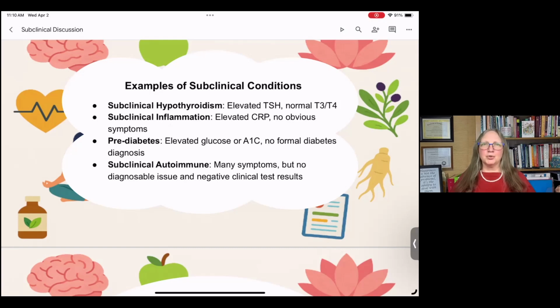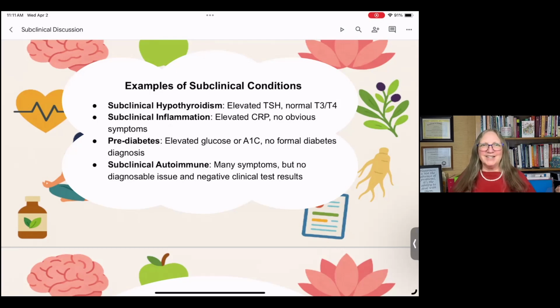Many times it starts with the connective tissues where there's inflammation because of not resting well or stress. And so we end up with a diagnosis of something like fibromyalgia, which is an autoimmune issue, but it's subclinical. They can't decide what it's attacking yet. So it's not a full-blown autoimmune issue.